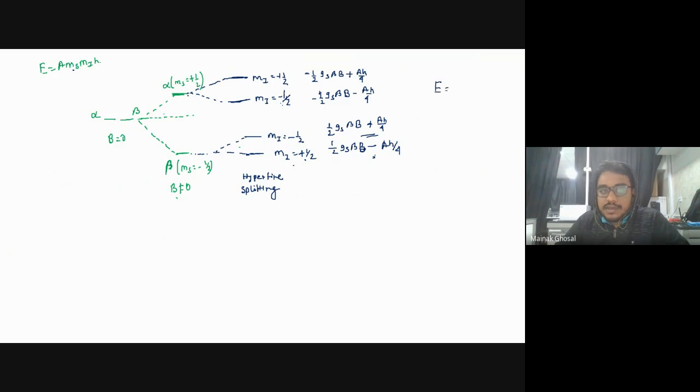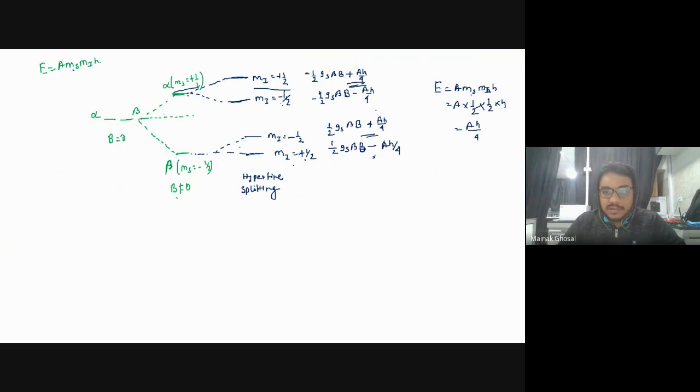Suppose E equals A ms mi h. For the top one, what is the value of ms? Ms is plus half, right? And what is the value of mi? Mi is also plus half, so I put this in, and then h. So what do we get? h by 4 with a positive sign. That's how I am writing it here.